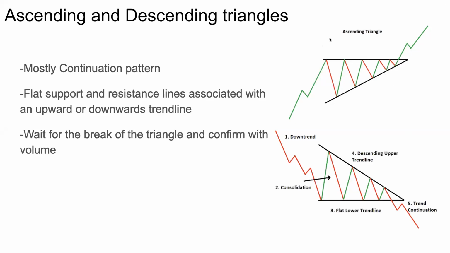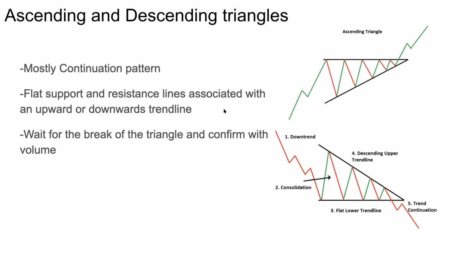For example, this is an ascending triangle. We have our move going up, but then our sellers are really heavy right here, but the buyers are not giving up. They're still pushing the stock price up and up. We see that until we get to this squeeze at the end, and finally sellers let go and buyers take over. What makes an ascending or descending triangle is flat support and resistance lines.